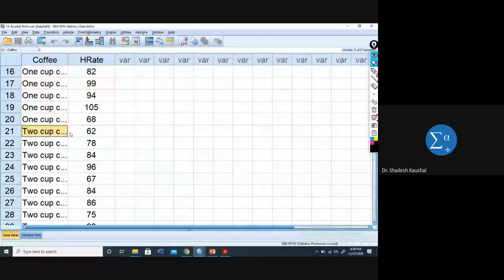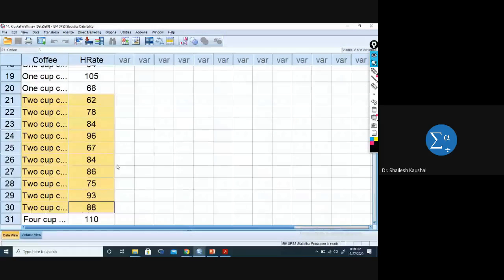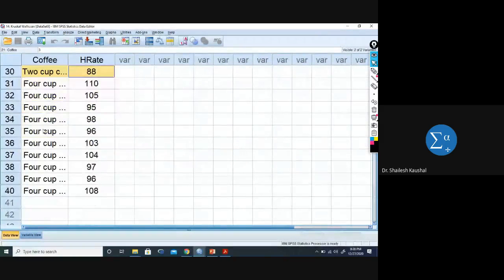A third group we are giving 2 cups coffee per day, and a fourth group 4 cups coffee per day, and we are measuring the score. So we want to know whether coffee consumption increases heart rate score or not. We are comparing several means: no cup coffee, 1 cup coffee, 2 cup coffee and 4 cup coffee.